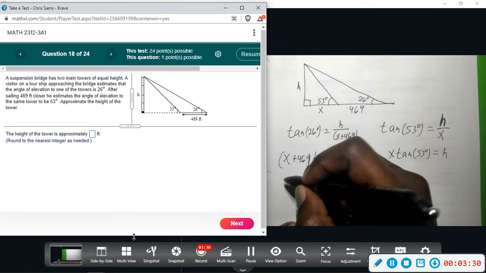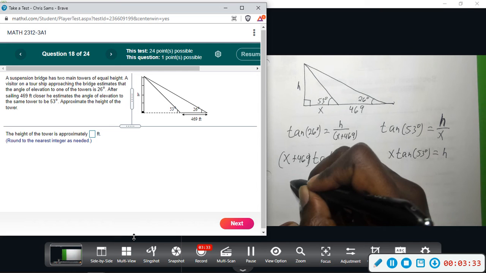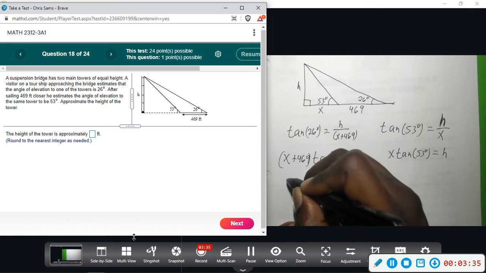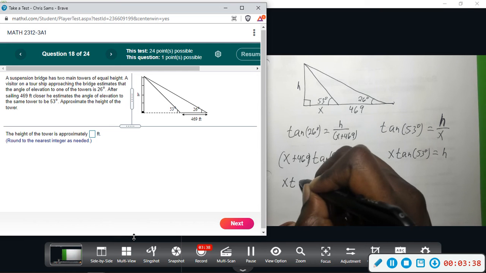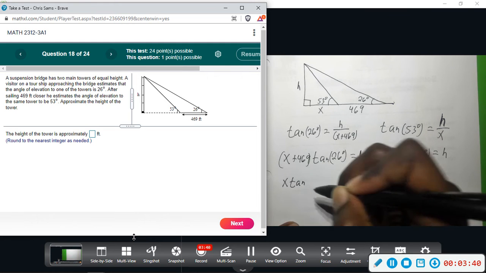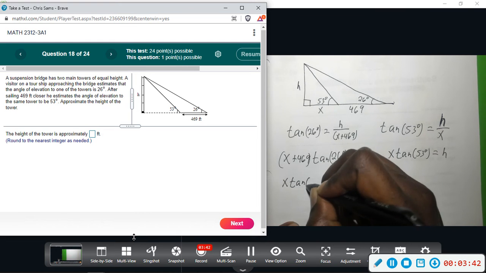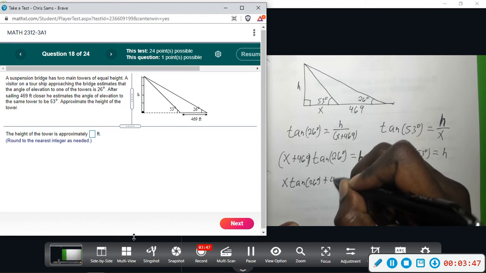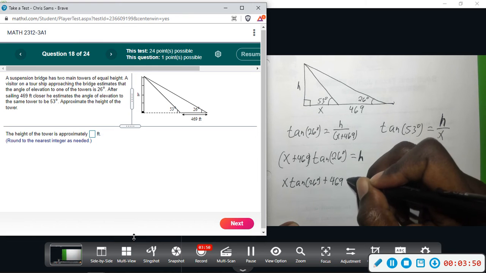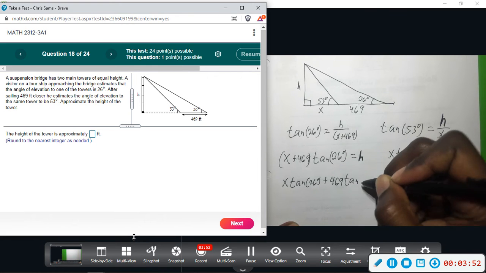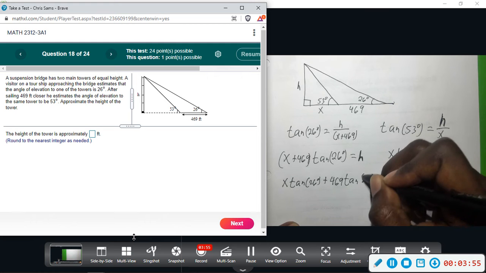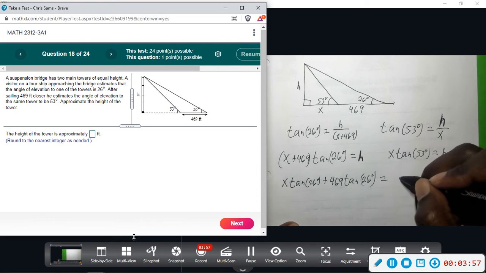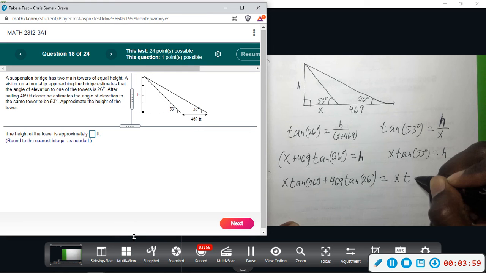so I can just substitute and set these equal to each other. So I have, I'm going to go ahead and distribute this. I have x times tan 26, and then plus 469 times tan 26 degrees equals x times tan of 53 degrees.